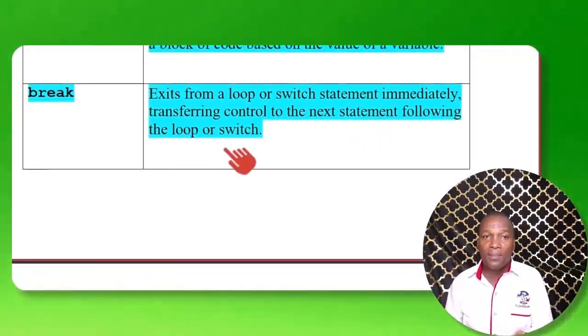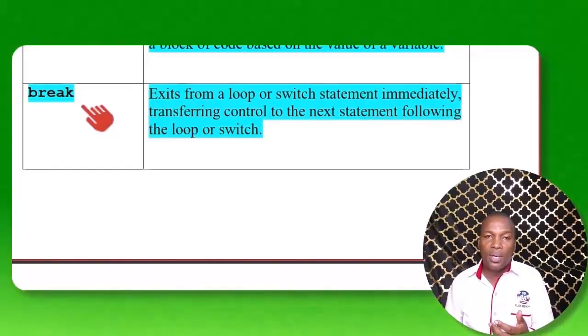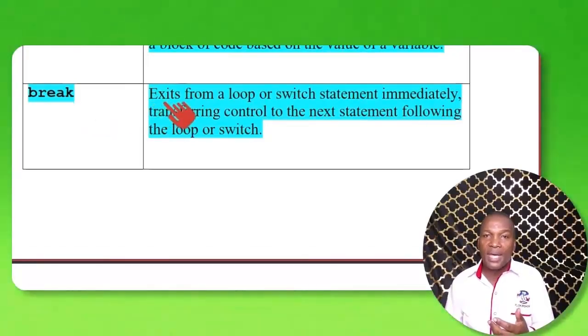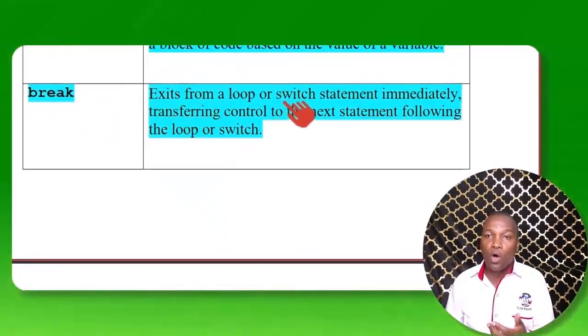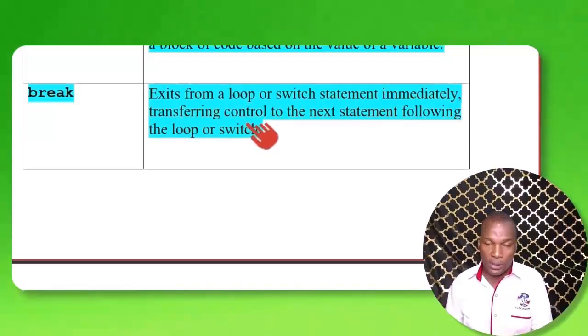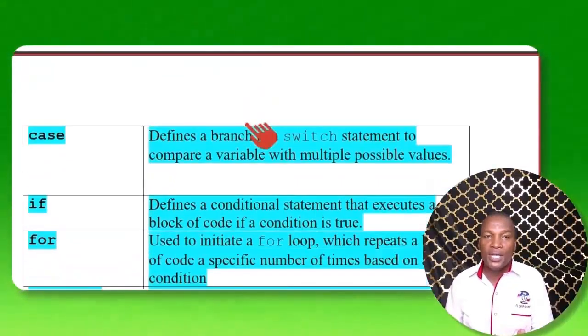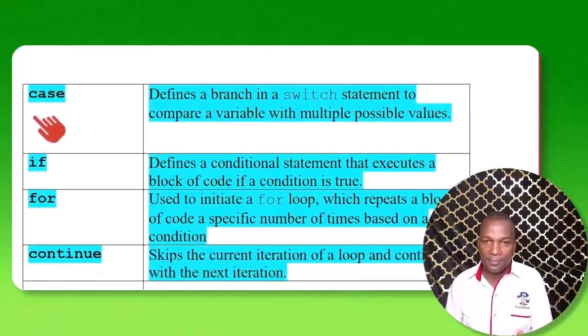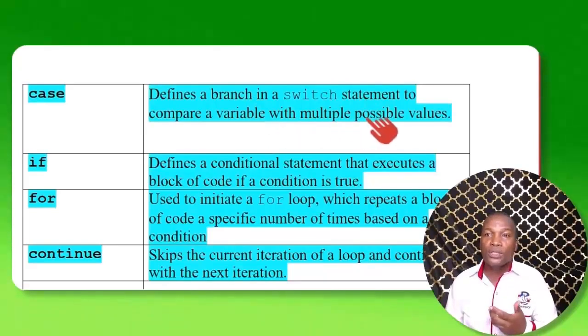Then we have the keyword break, which exits from a loop or switch statement immediately, transferring control to the next statement following the loop or switch. Then the next keyword is case. Case defines a branch in a switch statement to compare a variable with multiple possible values.